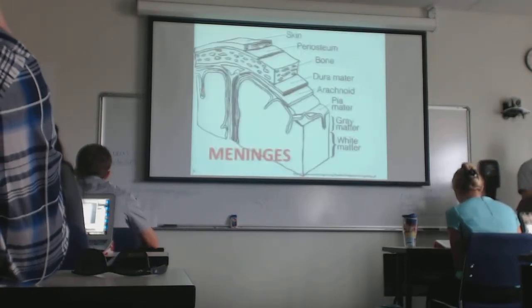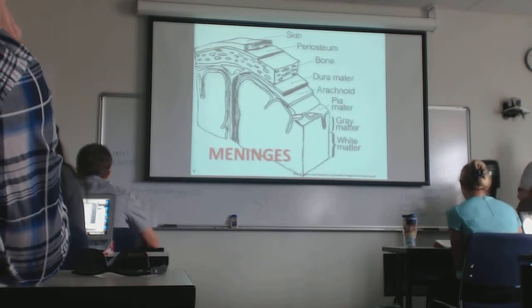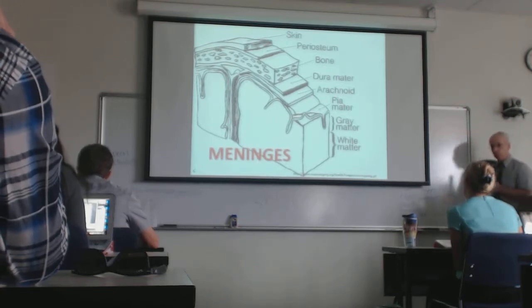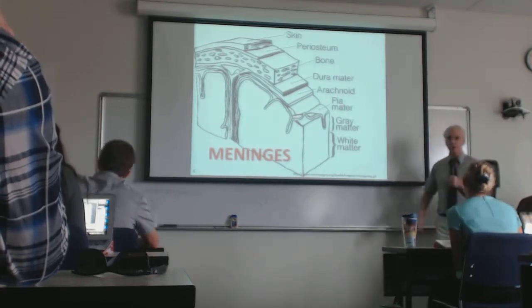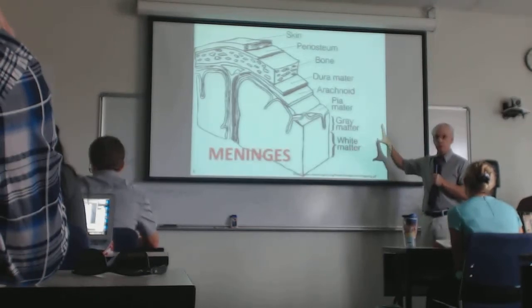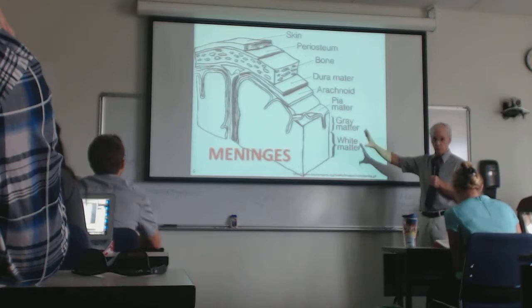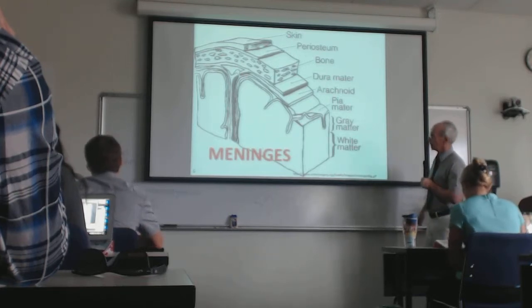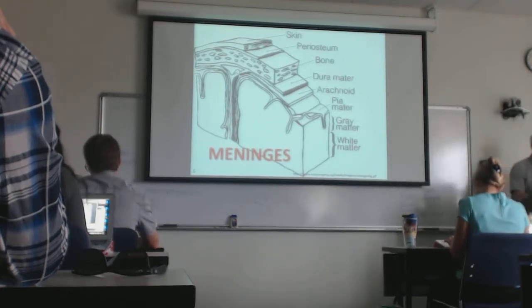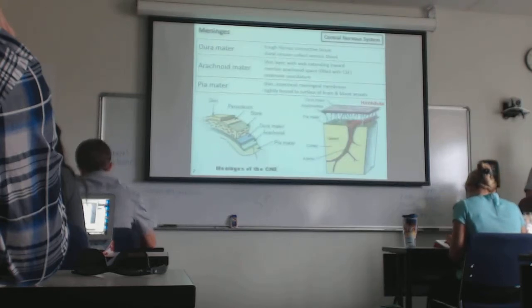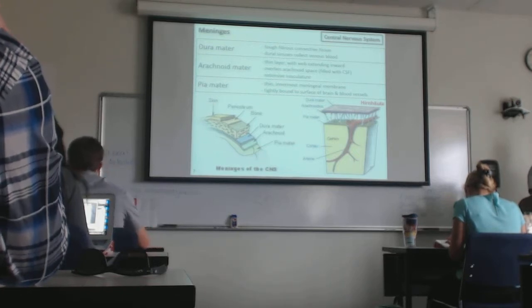Now, these are what students and I sometimes call placeholder files. We've already talked about this material in the other course. I just want to remind you, when I put these slides in here, that you're responsible for an understanding of the meninges and whatever other topic is on the slide. I don't think we need to talk too much about the meninges, but you certainly need to be familiar with the organization of the meninges and be able to tell me all about the subarachnoid space and why it's important.